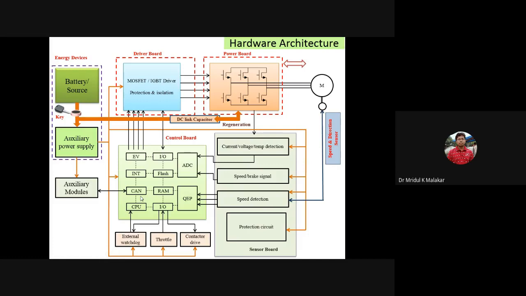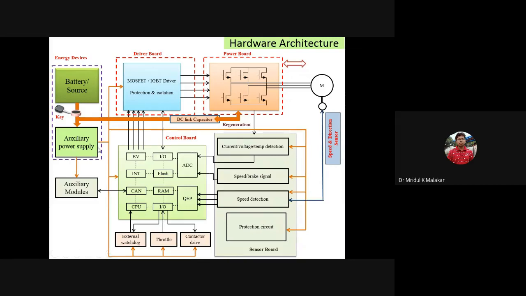Okay, so this is another auxiliary module. If it is required, you can use the auxiliary module. Next is the auxiliary power supply. The driver circuit also requires one power supply. The sensor board and control unit, the microcontroller, require another auxiliary power supply.